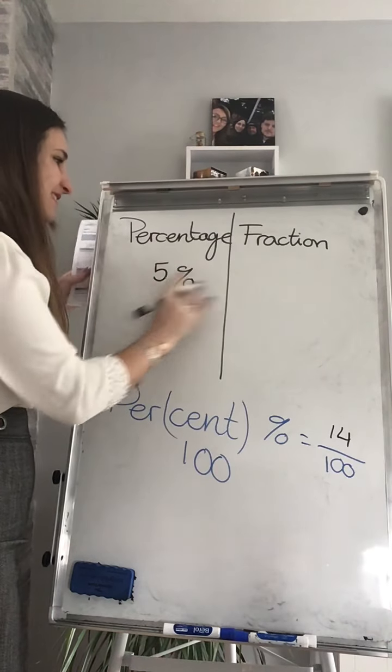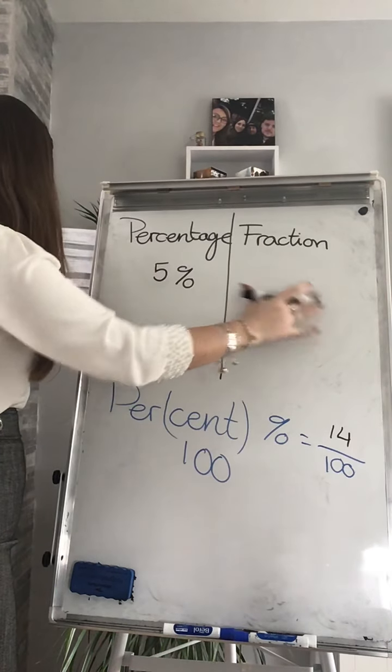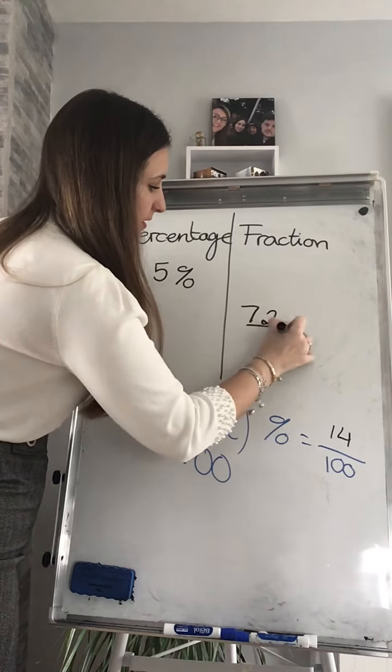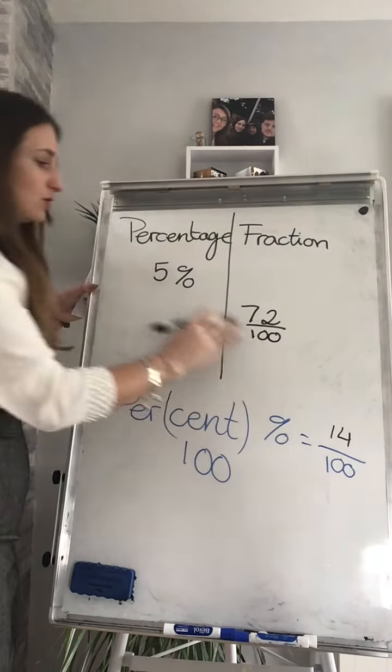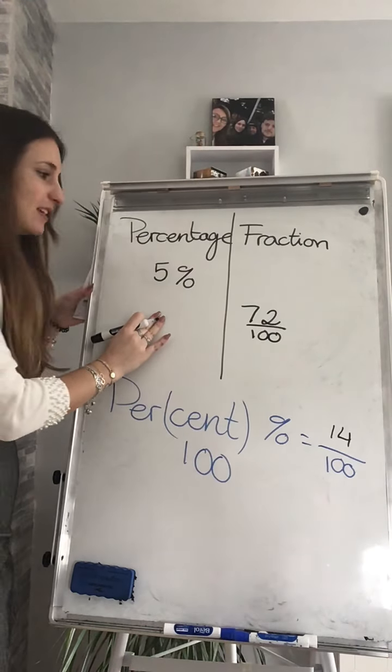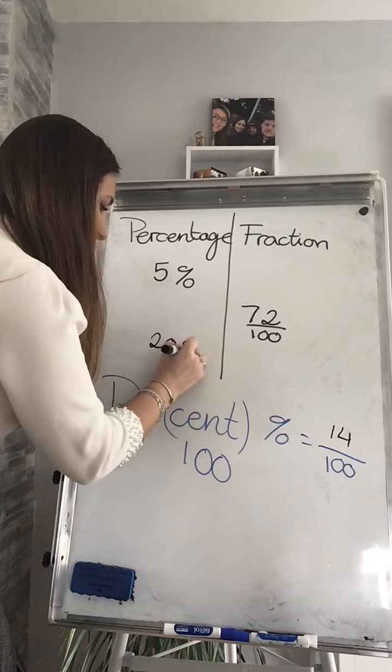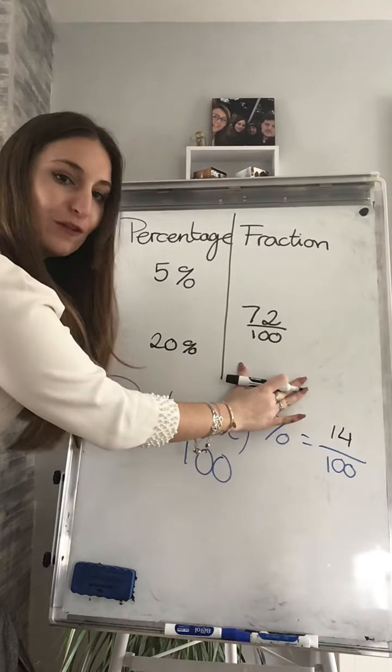If I have 5%, what will you have as a fraction? If I have 72 hundredths, what will you have as a percentage? If I have 20%, what will you have as a fraction?